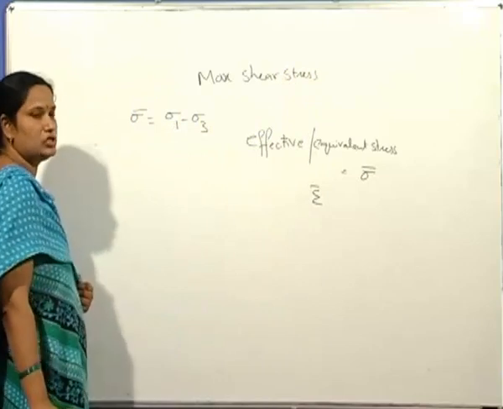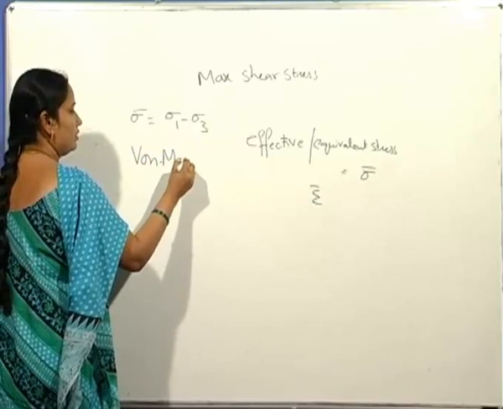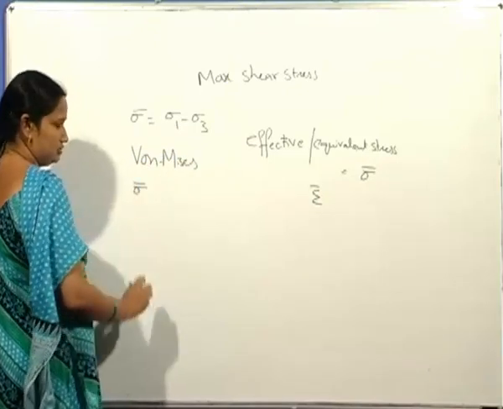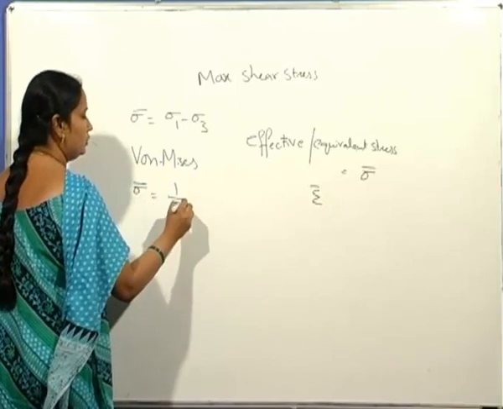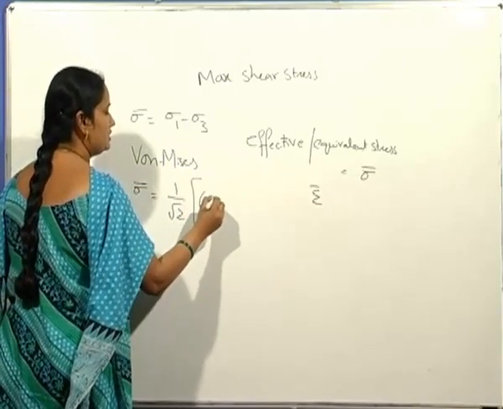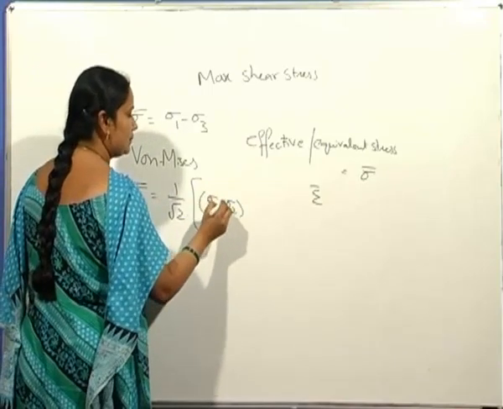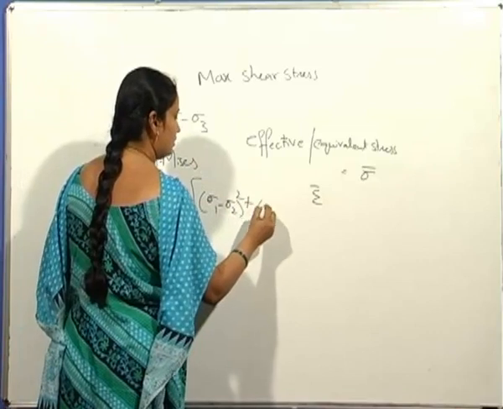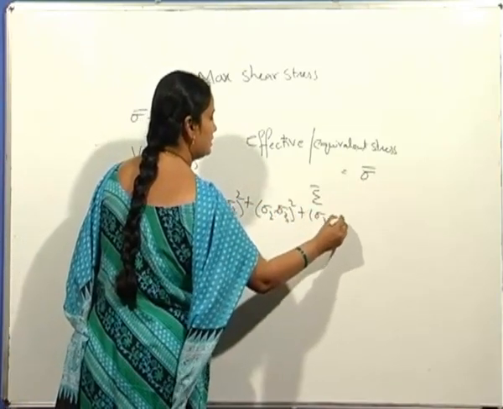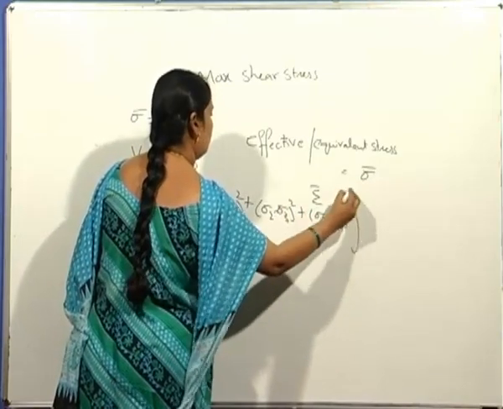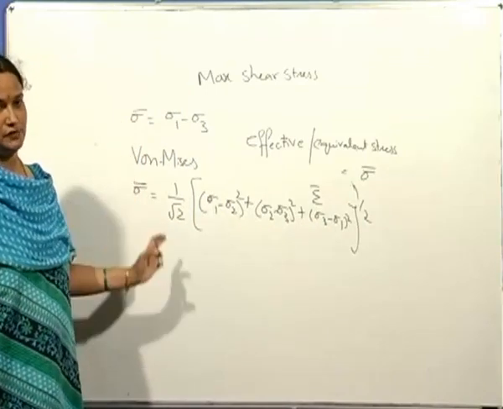And for the case of distortion energy criteria or von Mises criteria, equivalent stress or effective stress is equal to 1 by root 2 times the square root of (sigma 1 minus sigma 2) squared plus (sigma 2 minus sigma 3) squared plus (sigma 3 minus sigma 1) squared.